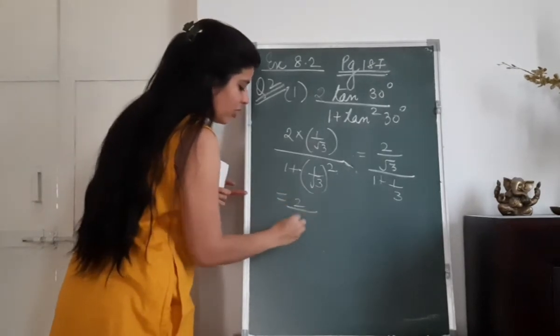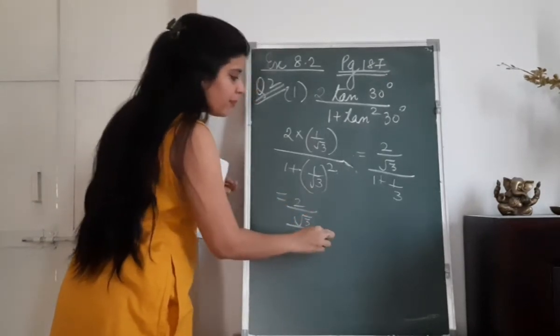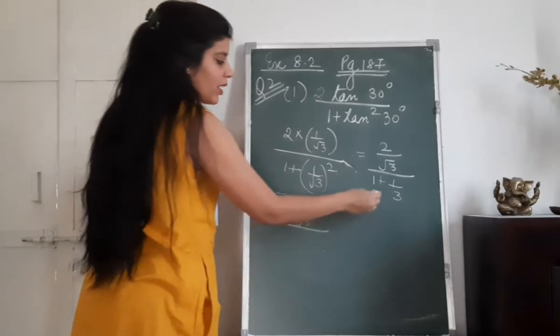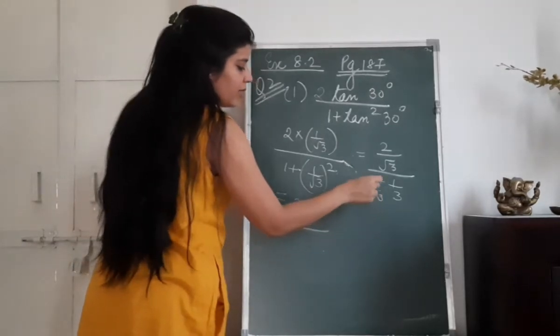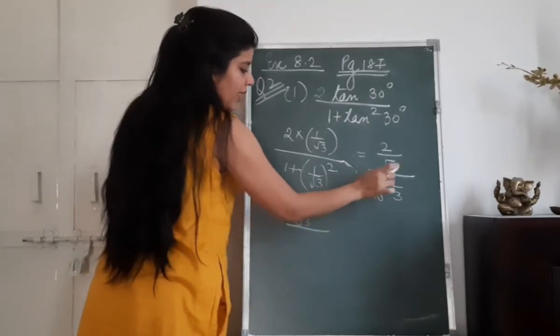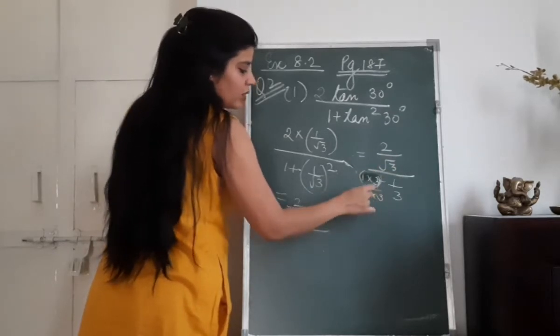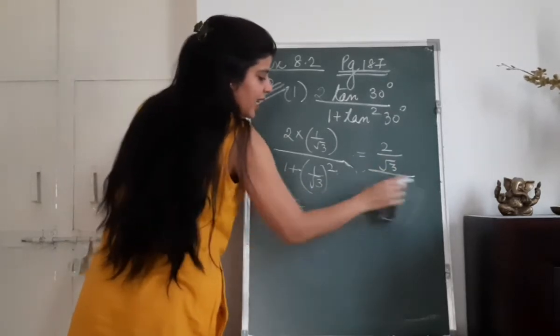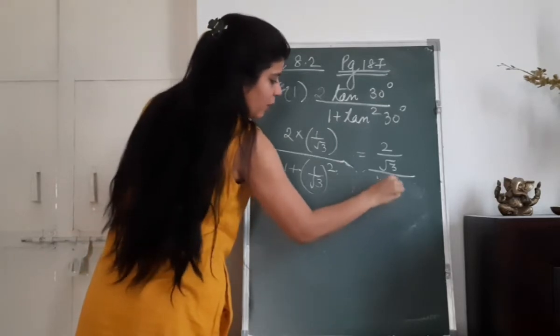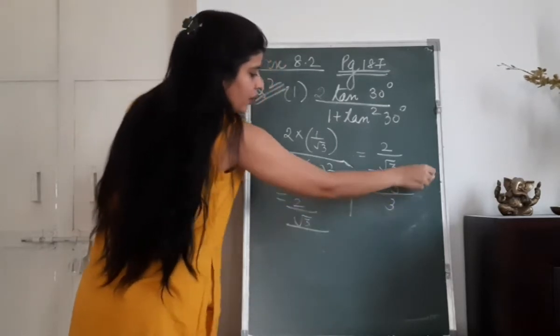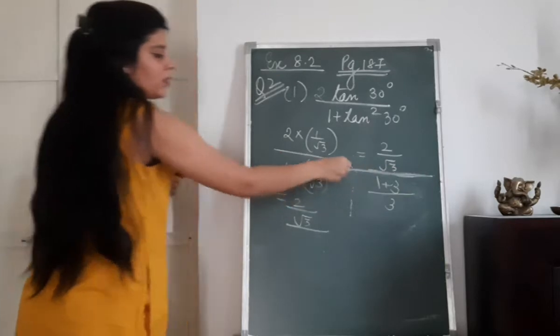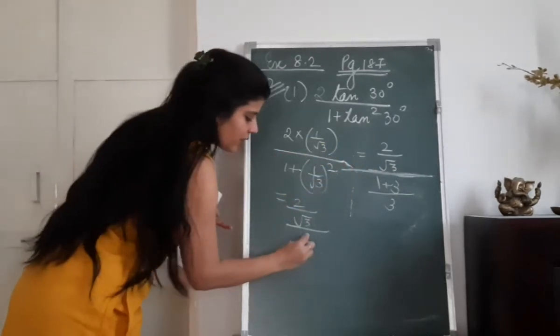That is 2 upon root 3. 1 plus 1 by 3 is equal to what? 4 by 3. 1 into 3 here and 1 into 3 here. So the denominator will become the same, and this will become 1 plus 3 by 3, that is 4 by 3.